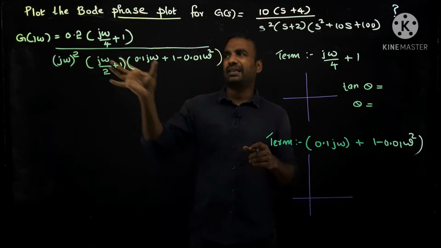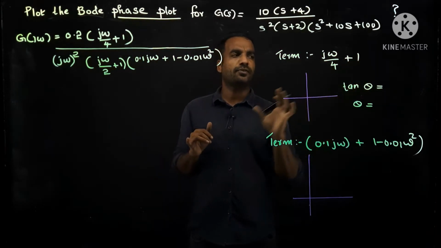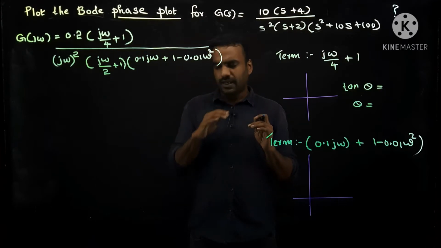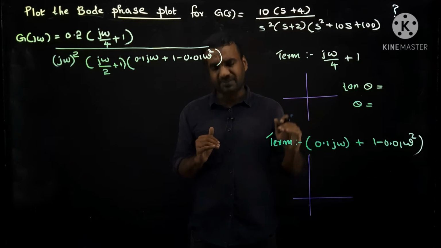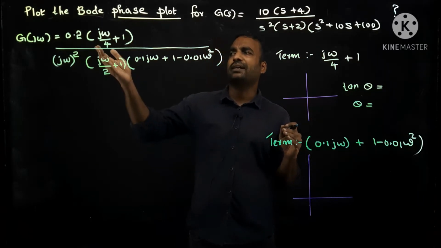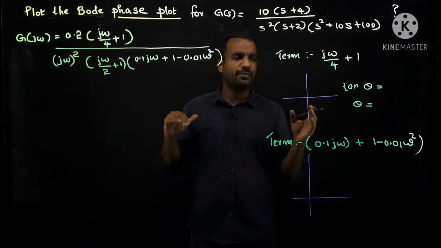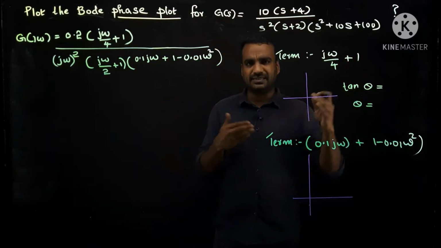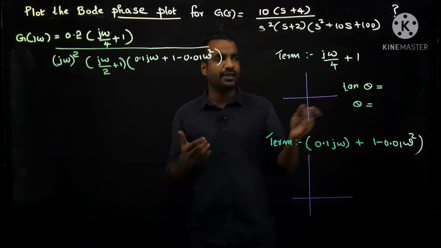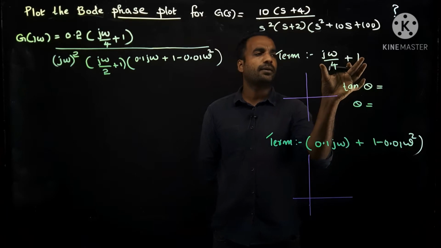Now I am taking each term. This is term 1, j omega by 4 plus 1. As this is the first time we are discussing this solution, I am going into this much detail. Otherwise, you can write the angle from the inspection itself. So in exam, you don't need to write term 1, term 2, etc. This is just a description of how we can find this. So term 1 is j omega by 4 plus 1.